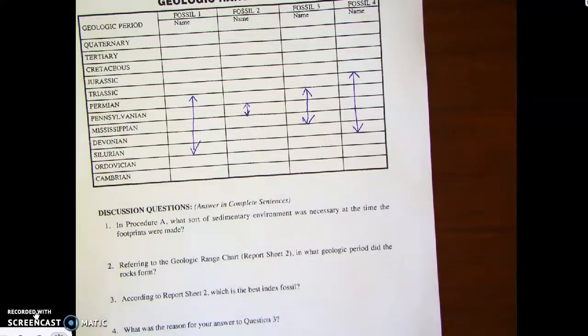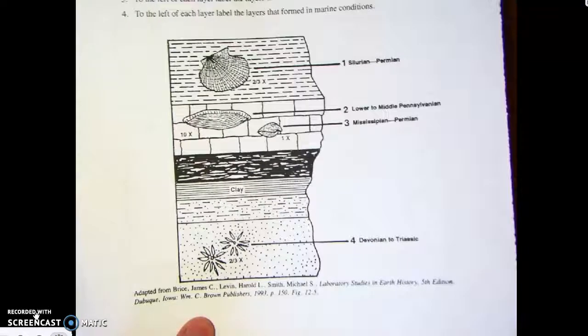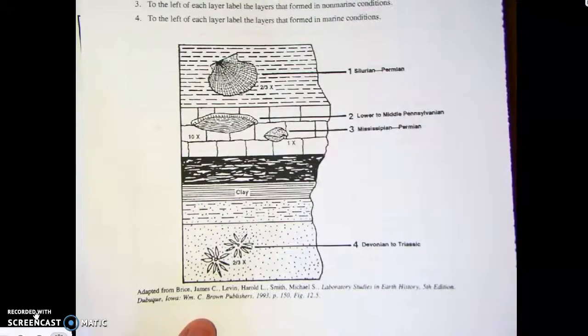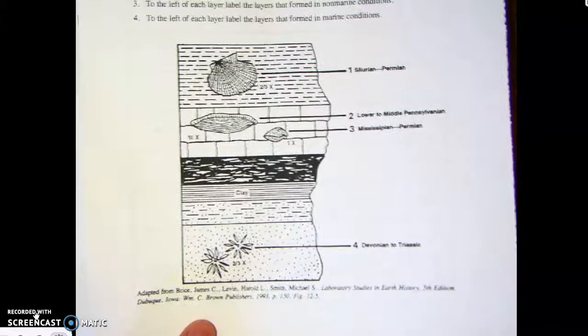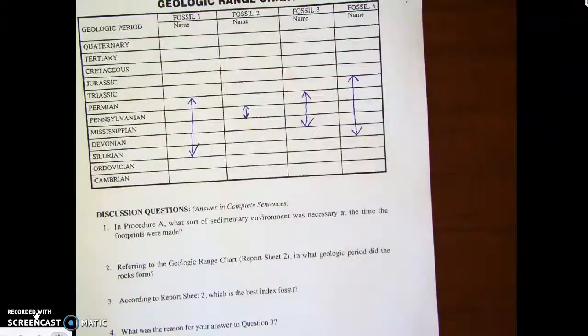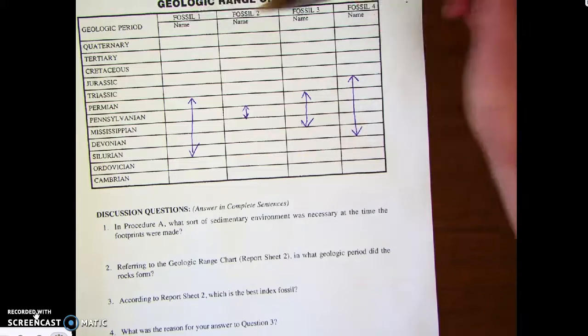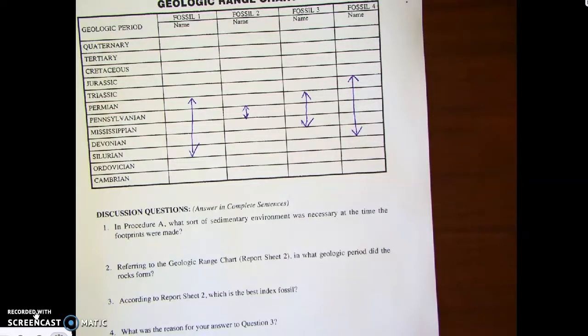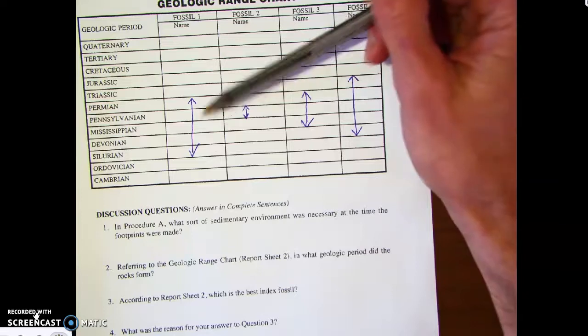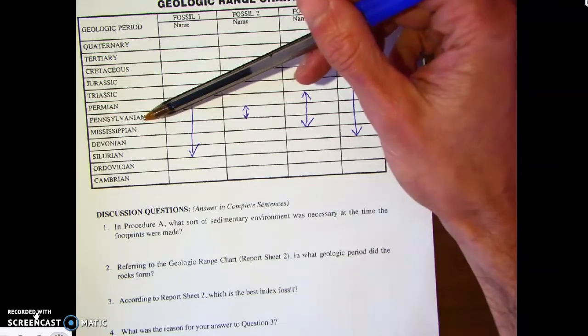And, again, we're looking at this rock column here. And in order for this to have formed at a certain time, well, basically, we need to look at a common time, a time when all four of these creatures lived at the same time. And the only overlap that we have is during Pennsylvanian time.